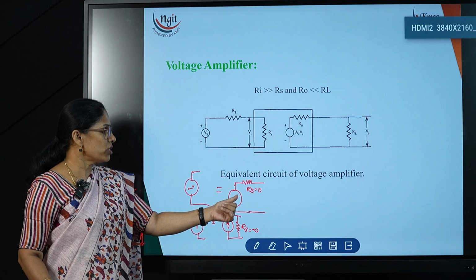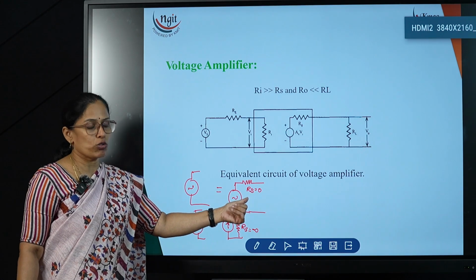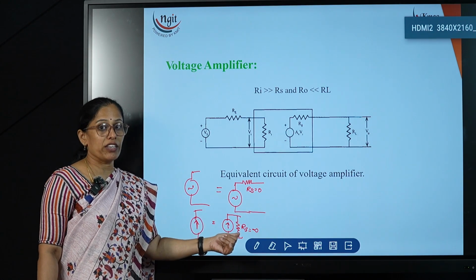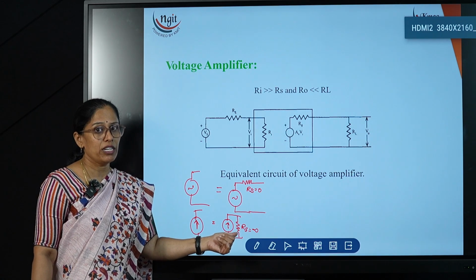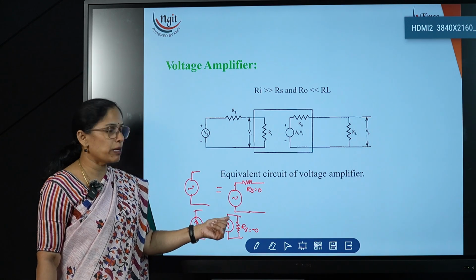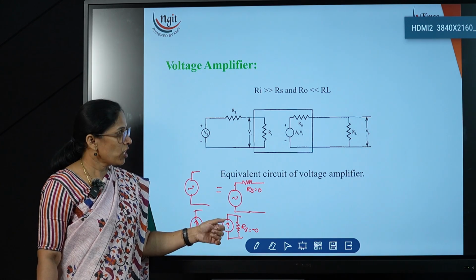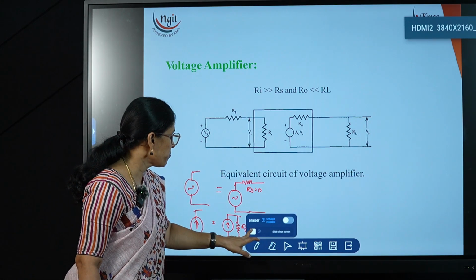In a voltage source, the lesser the internal resistance, the better the source. Coming to the current source, the higher the parallel resistor value, the better the current source. These are the two equivalent diagrams for the voltage source and current source. If we have this idea, it will be very easy to discuss these equivalent diagrams.